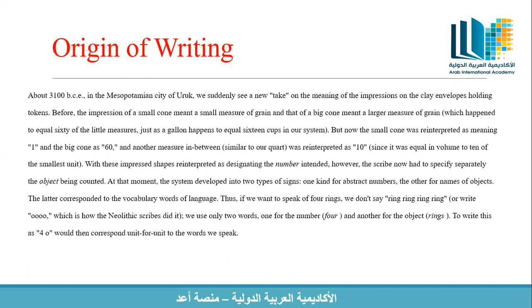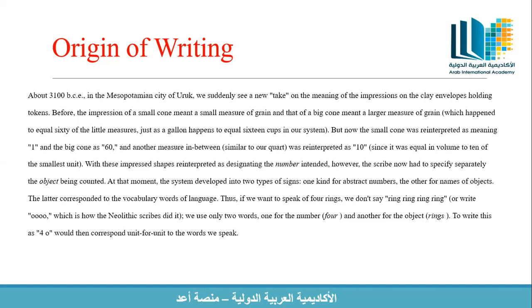being counted. At that moment, the system developed into two types of signs, one kind for abstract numbers, the other for names of objects. So the latter corresponded to the vocabulary words of language.